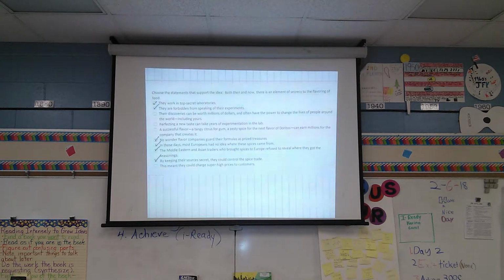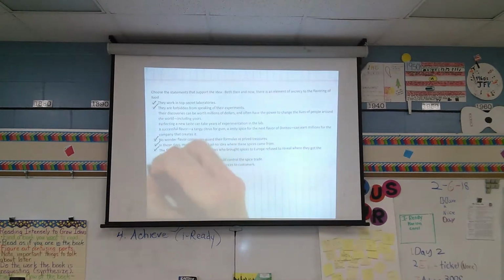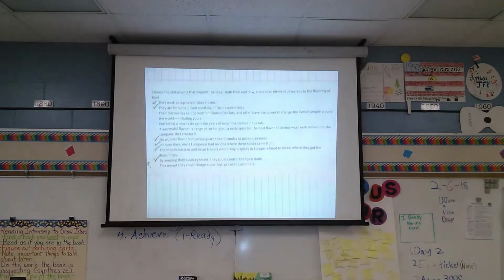Let's make a connection to our reader's workshop. Their motivation was to be able to control the prices. So I would say that might possibly end up being something that we might use.